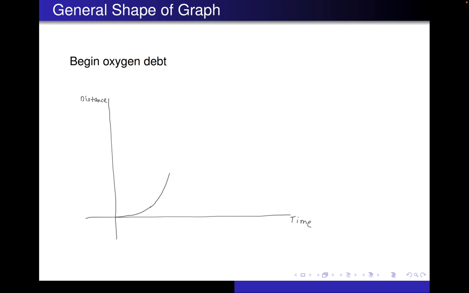And so I'm going to start to slow down, which means that there's going to be more horizontal distance compared to the vertical distance. So I'm going to be going slower, and that's what my graph is going to look like. You can tell I'm slowing down. The graph is stretching out horizontally more and not moving so much vertically. And then eventually I'm going to stop because I can't run forever. And so this is what my graph looks like.